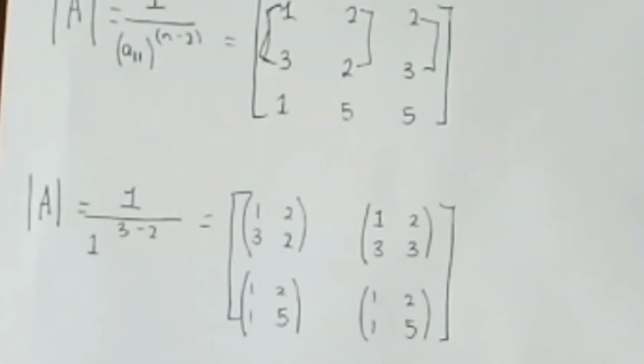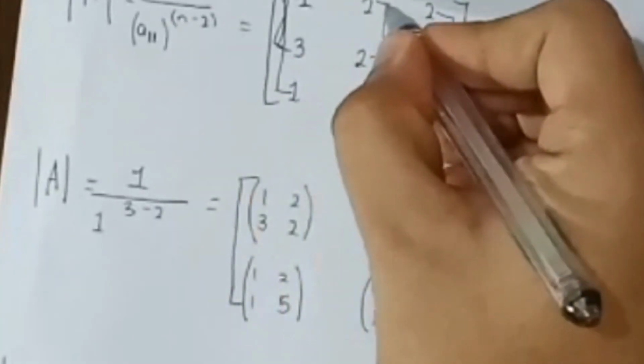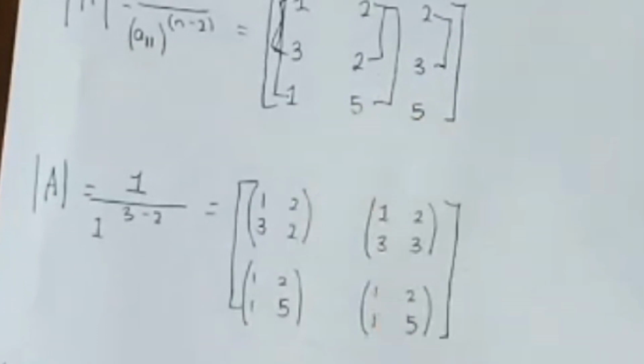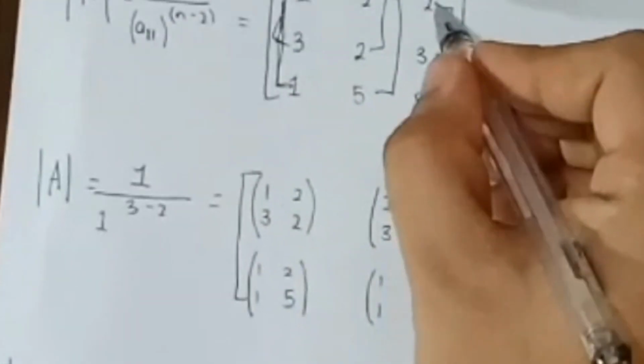Para naman sa pangatlo, first and third row, second and first column. And then para naman sa pangapat, first and third row of the first column, and the first and third row sa third column.